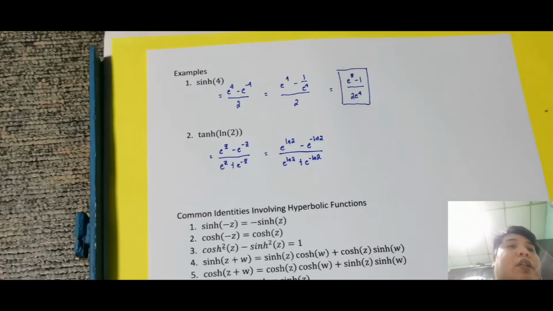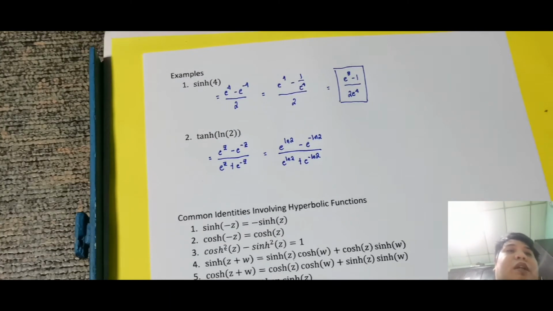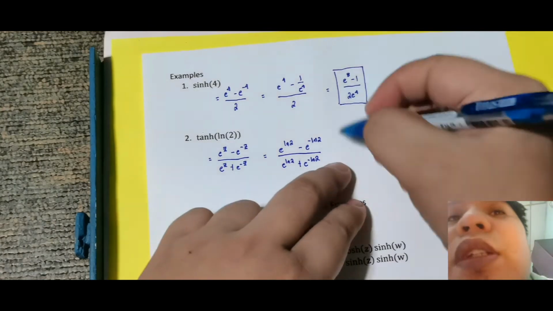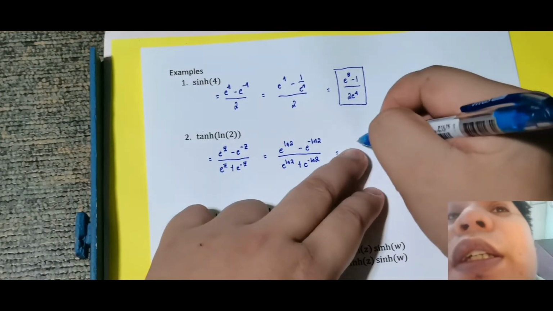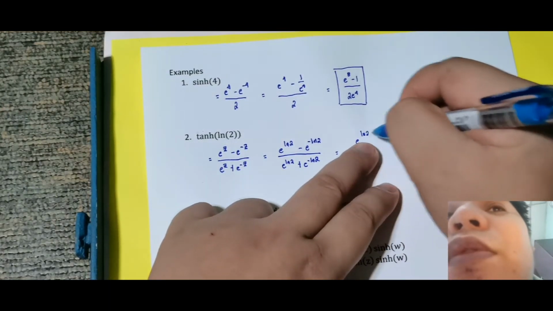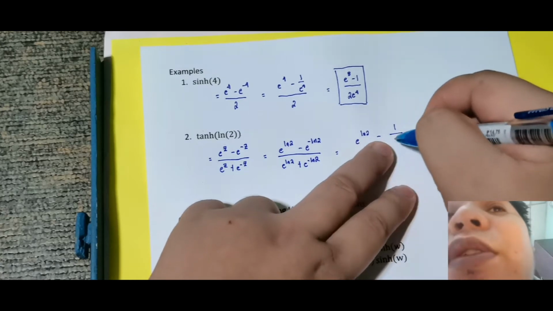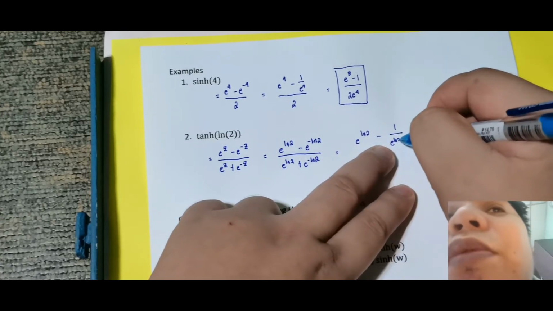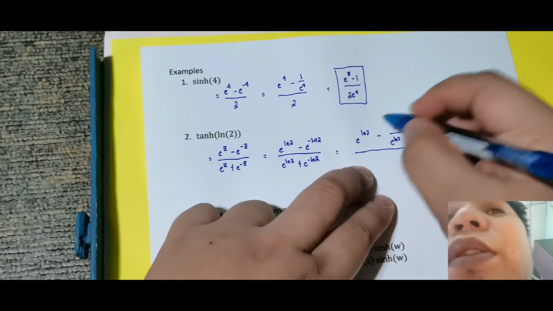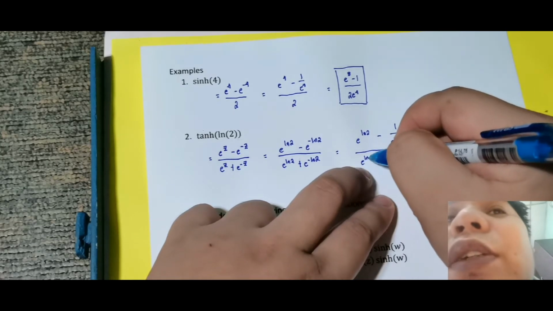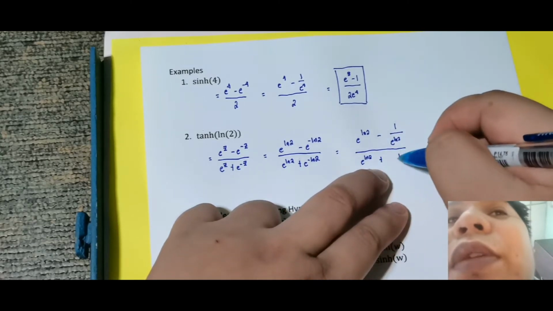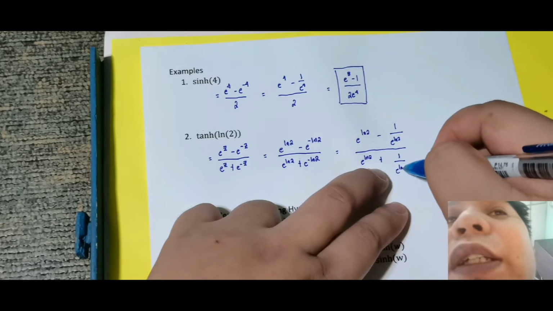Okay, ngayon i-arrange ko lang siya konti. This is equivalent sa e raised to ln of 2 minus 1 over e raised to ln of 2 all over e raised to ln of 2 plus 1 over e raised to ln of 2.